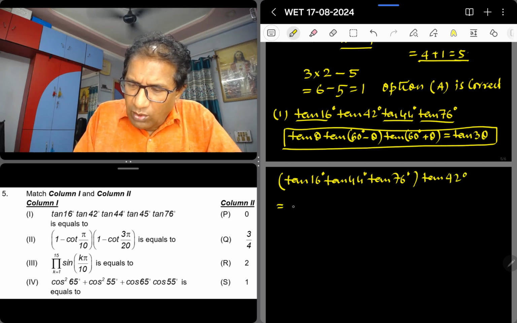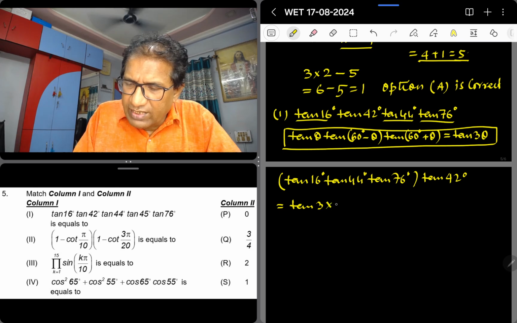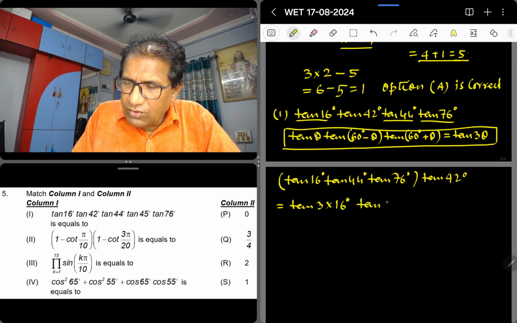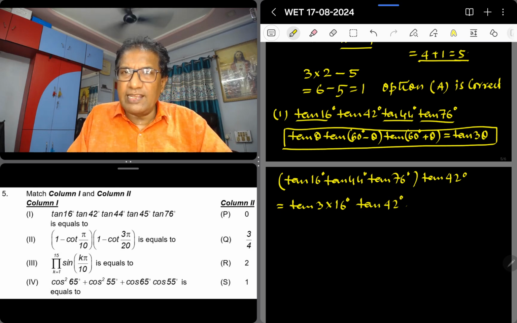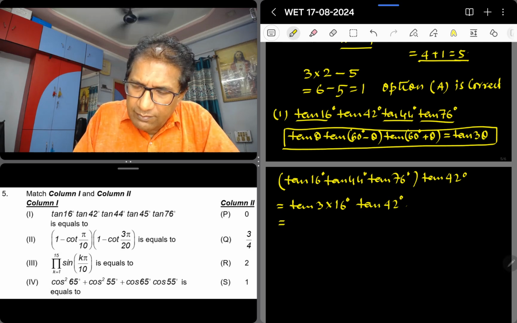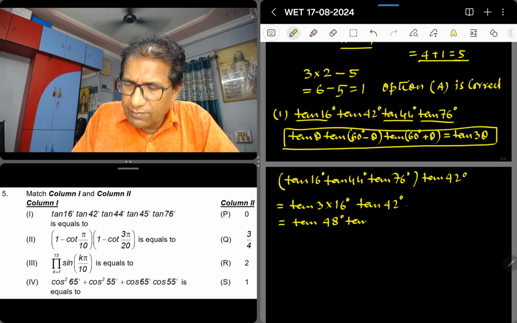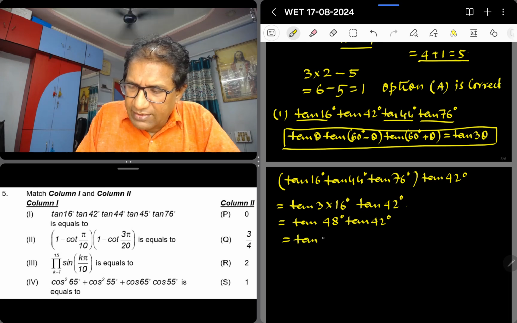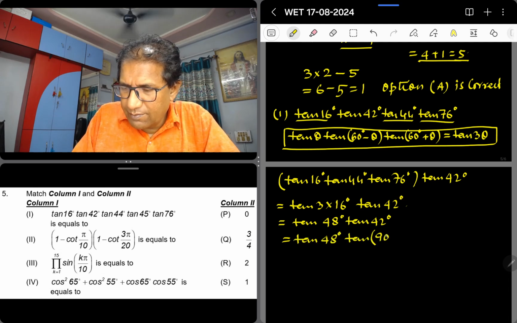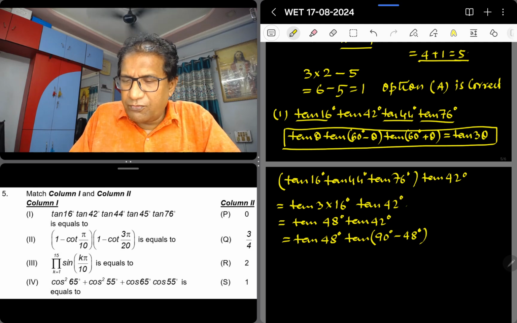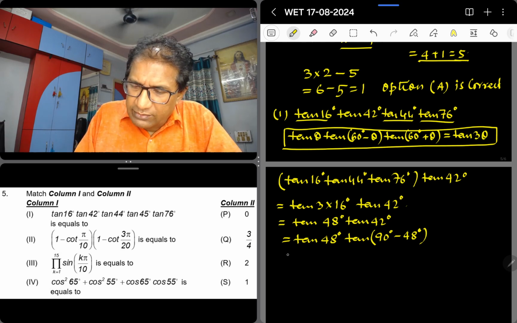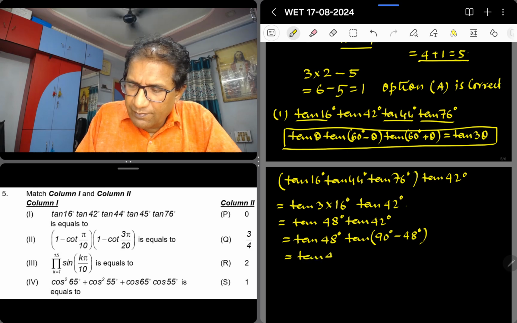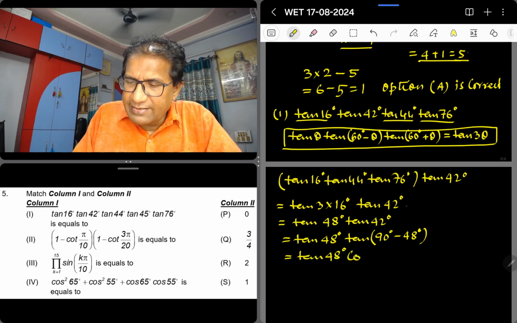Okay, so we are having tan (3 into 16 degree) into tan 42 degrees. Is it clear to all? So we are having tan 48 degree into tan 42 degree, which can also be written as, because 48 and 42 are complementary to each other, tan (90 minus theta) is cot theta, so it is cot 48 degree. tan 48 into cot 48 is 1.